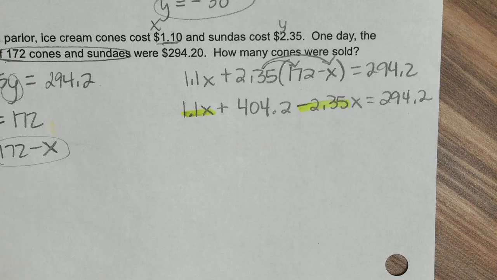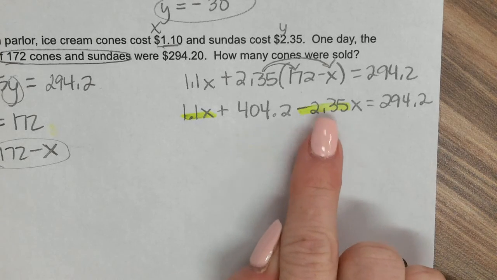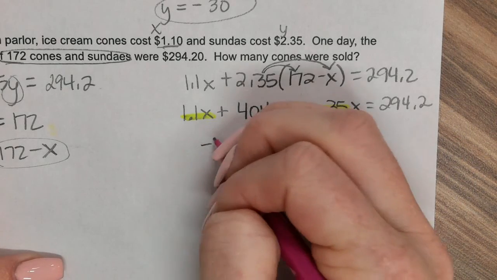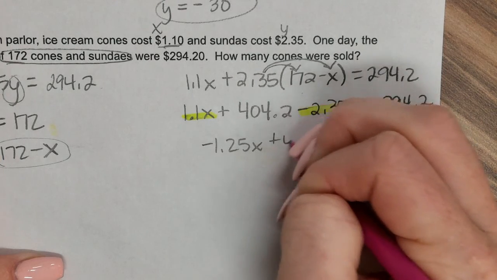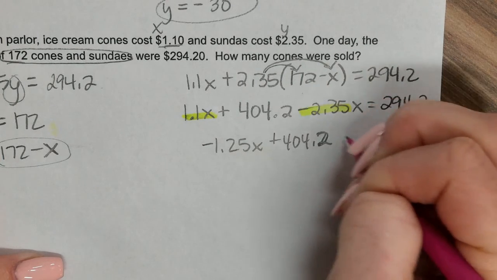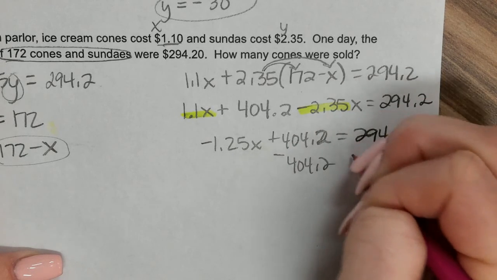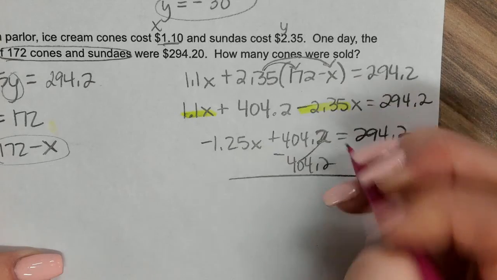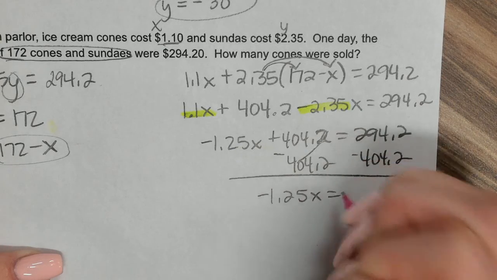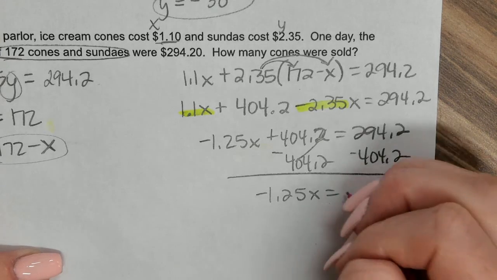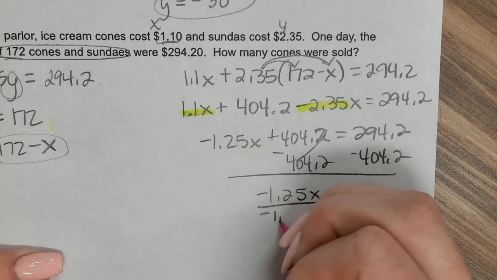Make sure that that minus sign goes with that. So 1.1 minus 2.35, which is negative 1.25x, and I still am left with this 404. Okay, now I need to get this over to the other side. And then divide.